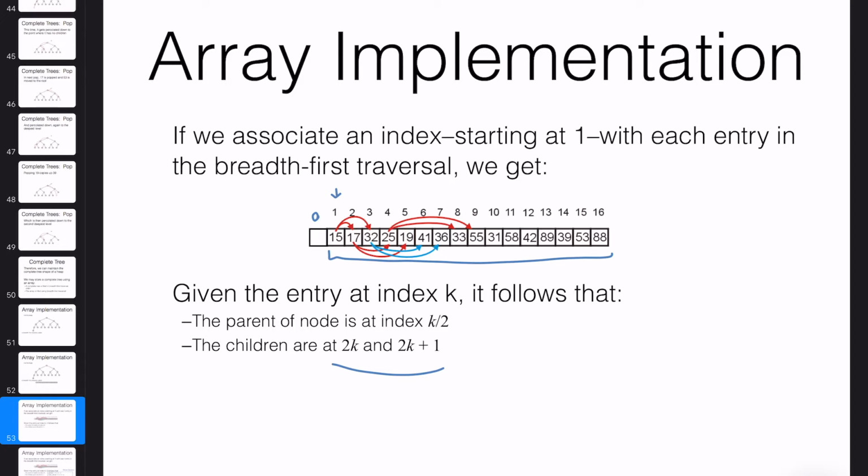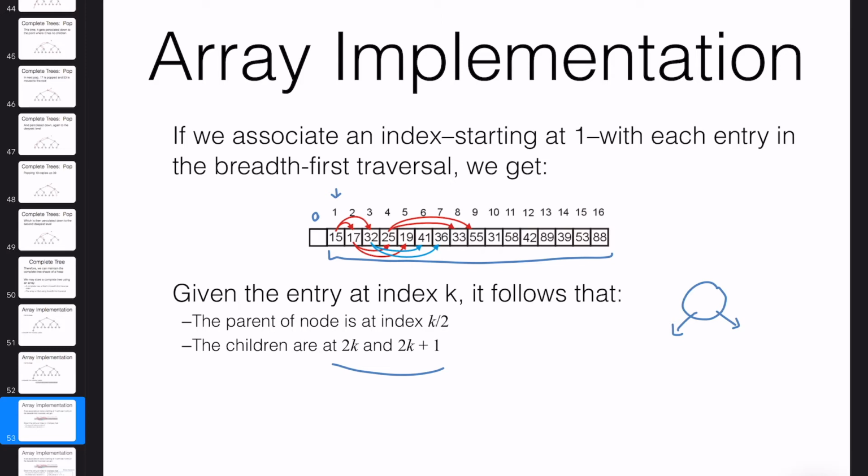If I store my tree in an array, it means that I don't have access to those left and right references. Remember we created a class node, and in each node you have a reference left and a reference right, so you would know what is going to be the left child and what is going to be the right child.